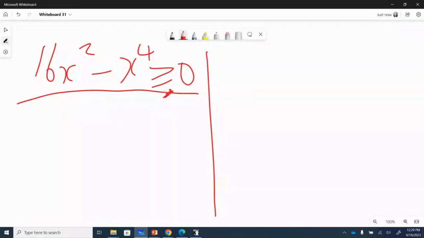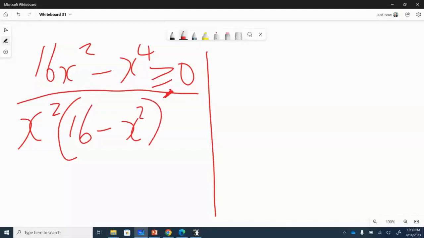So I'll do that. And also I will check to see, do I have any common terms? Yes, I do have x squared into 16 minus x squared is equal to 0. That's step 1. Change the inequality to an equal sign.